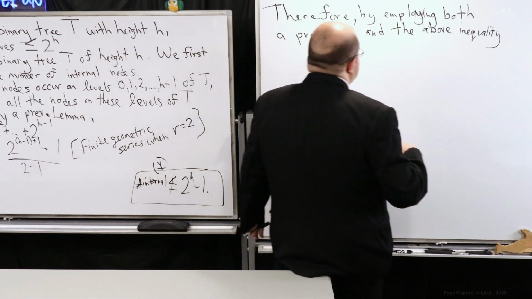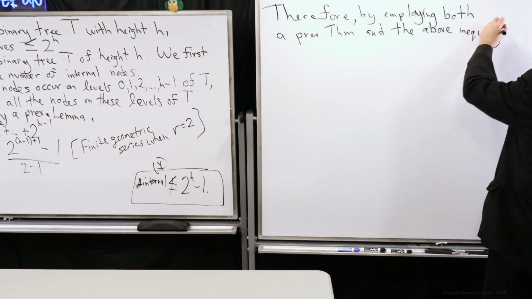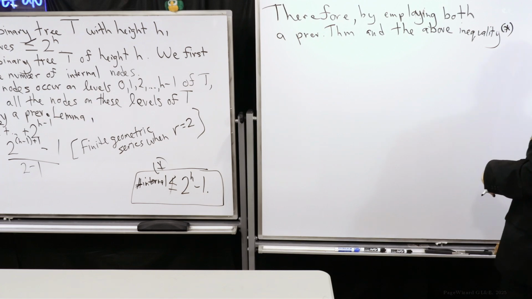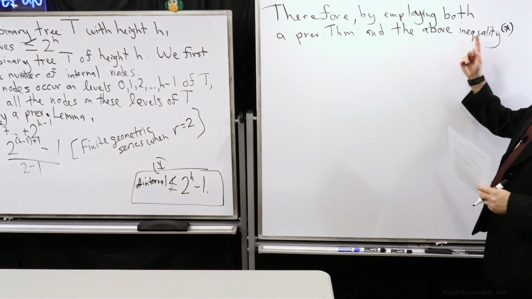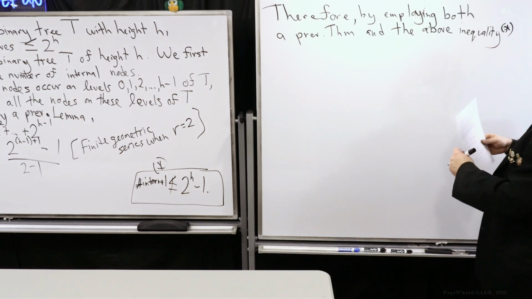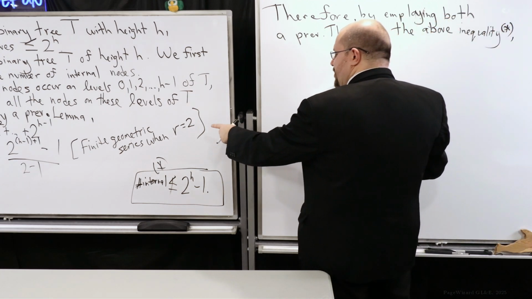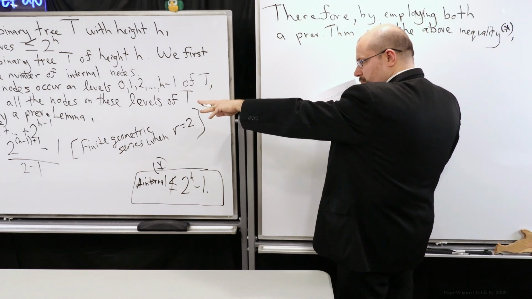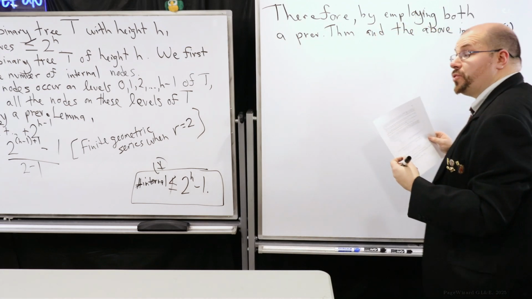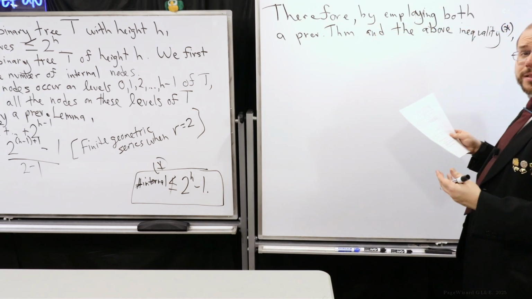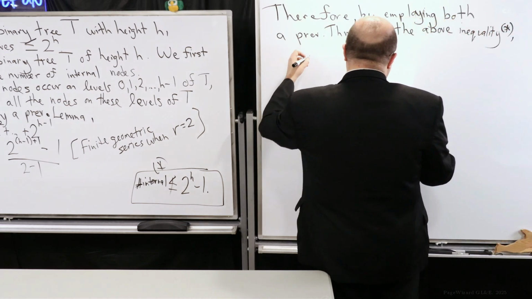You can say, and by the above inequality star, or just say, and the inequality star. So do note you would put the star beside the inequality that's part of the proof, not our side note. I just wanted to make it a little bit clearer for you.